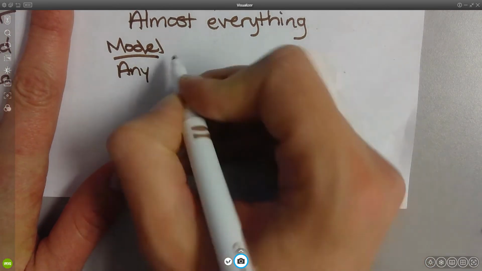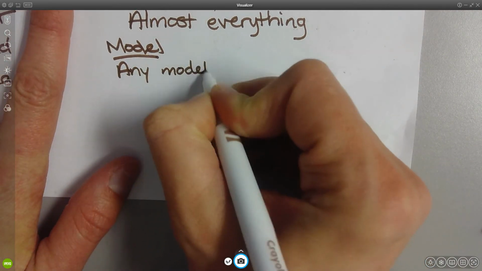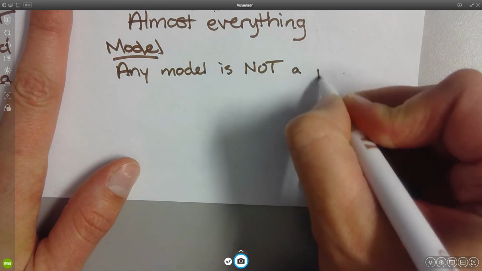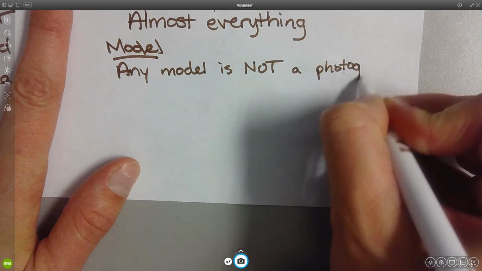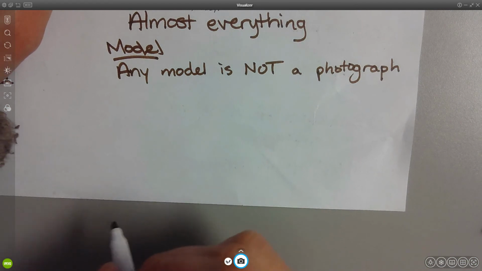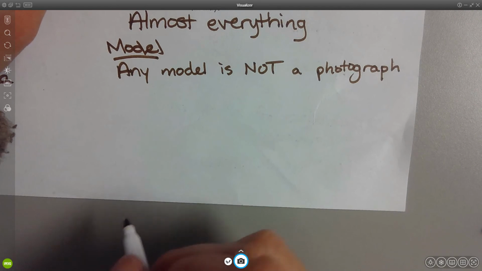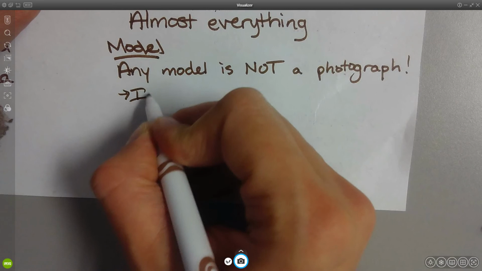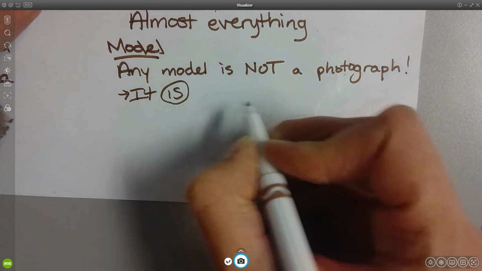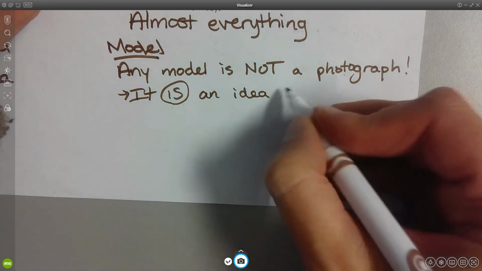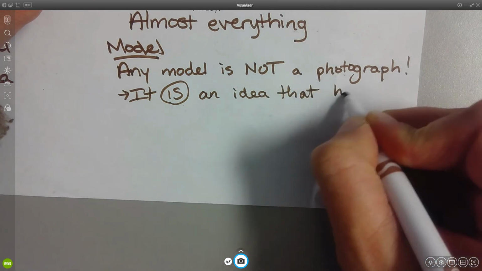But what I want you to know is that any model is not something so simple as a photograph. It's not just a perfect representation of what we're trying to learn. Okay? Instead, it is an idea, okay? And it helps us understand the world.